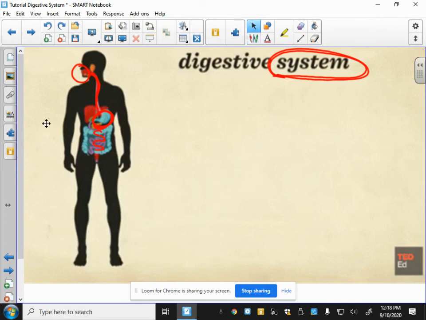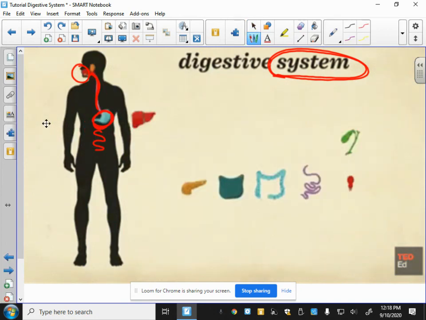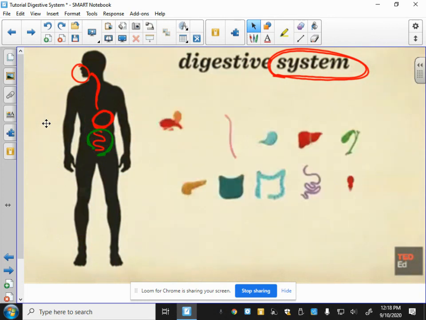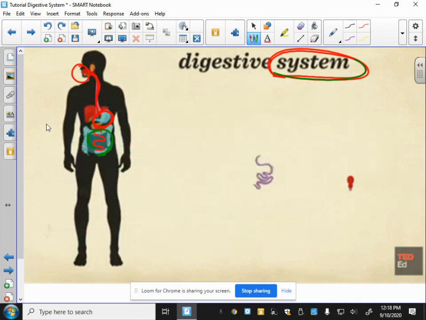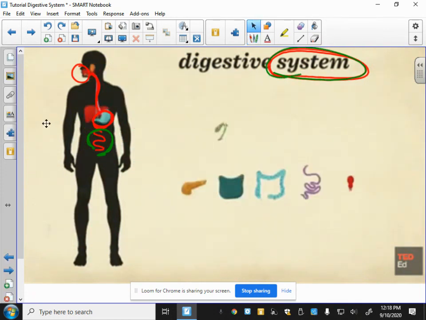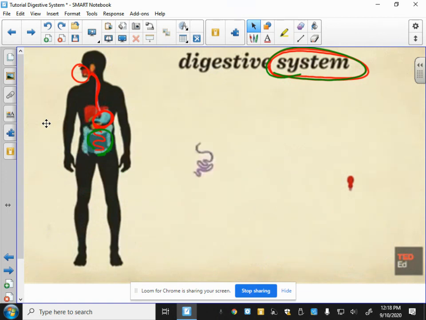And then from the small intestine, you get the large intestine. And those are the main parts of the digestive system. And the word system, as I mentioned earlier, means that there are different parts working together.